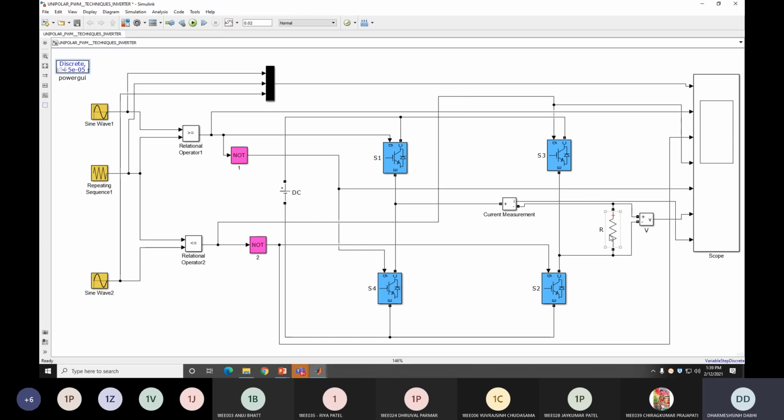Ultimately that gives a positive output voltage in the first half cycle and a negative output voltage in the next half cycle. Clear? You can do it for the others also, but just for understanding the simple operation of the unipolar and bipolar technique, just take the resistive load. Clear?